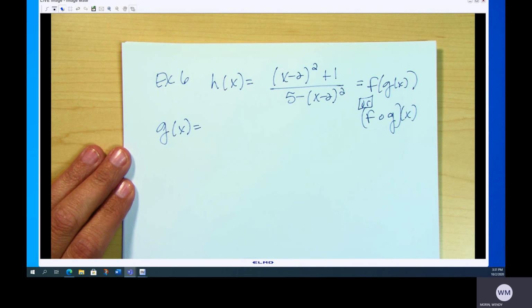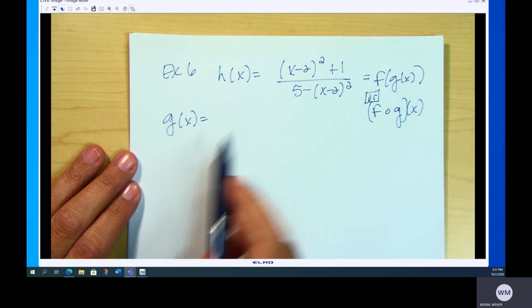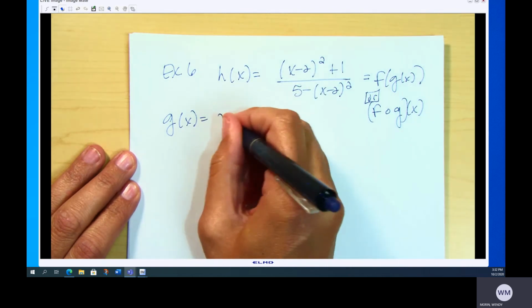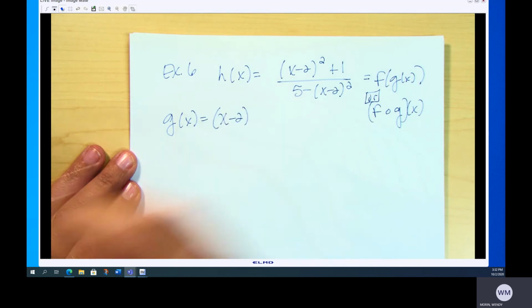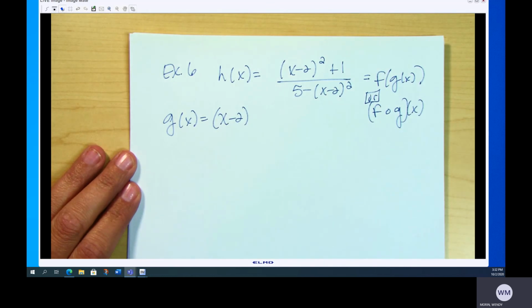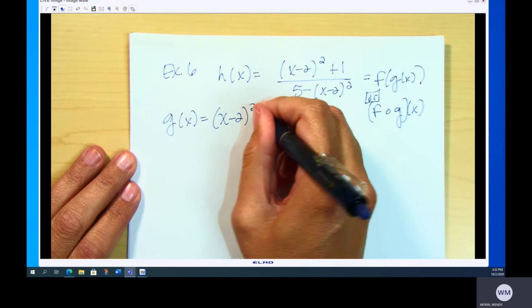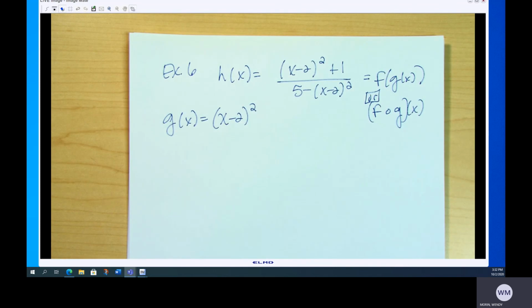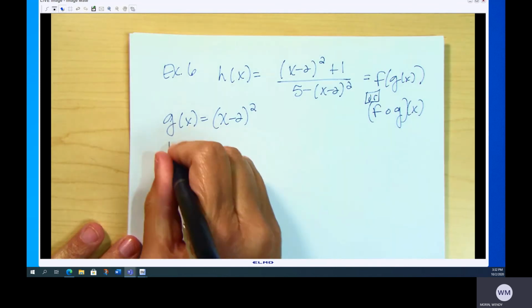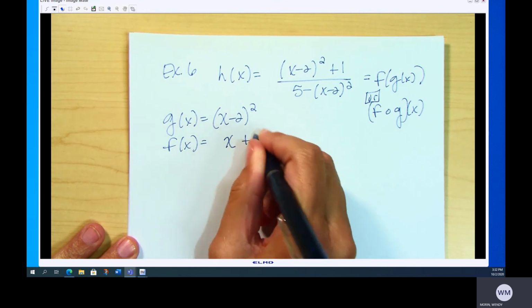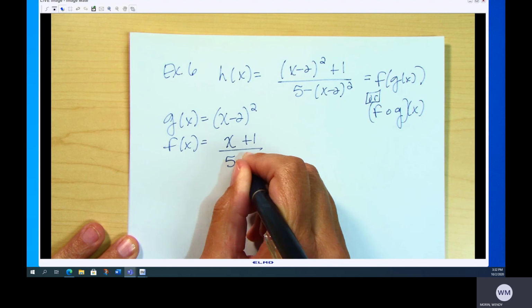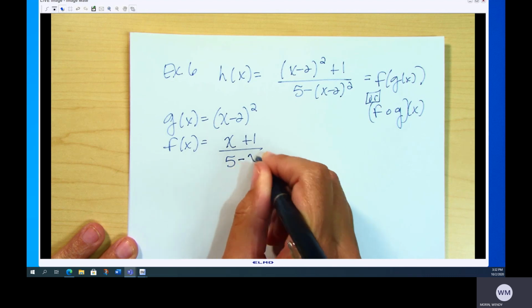Well, really, sometimes there's two possibilities. So the first one I'm going to go with is I substituted in all of this. I substituted in x minus 2 squared into x plus 1 over 5 minus x.